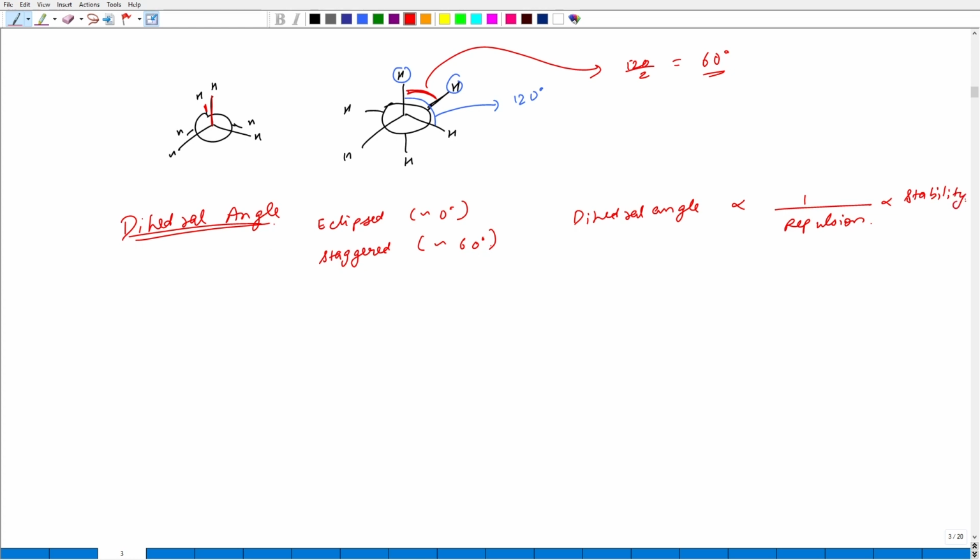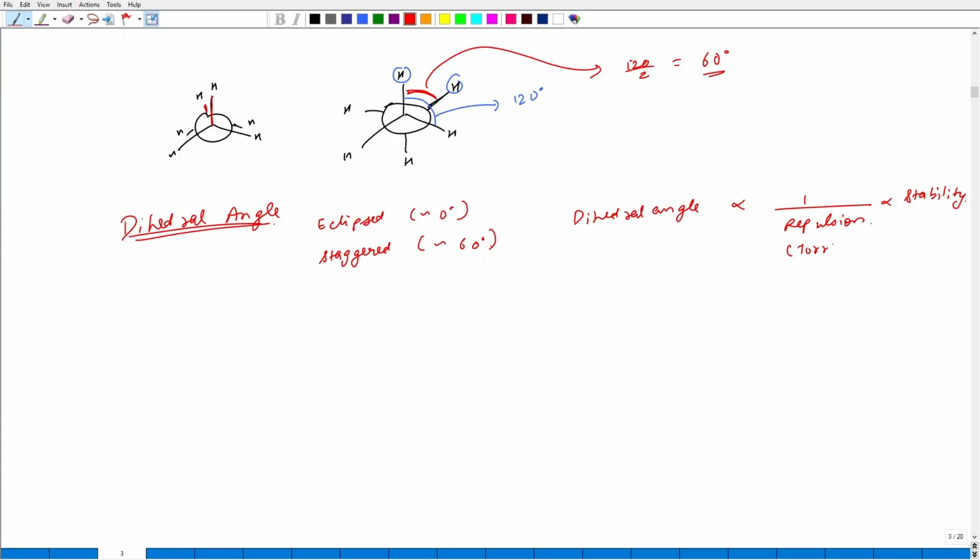So, if the dihedral angle is more, the stability is more. Why? Because the repulsion, or we can say the torsional strain, will be less.